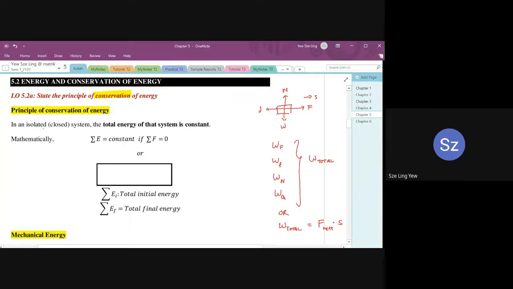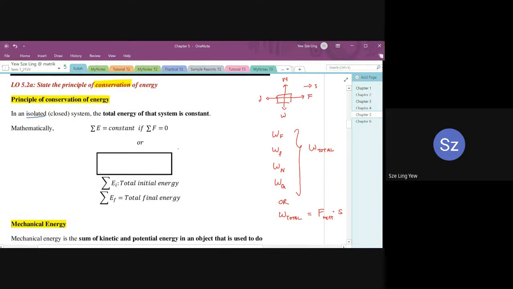When it comes to conservation, you need to carry out the experiment in an isolated system. What does isolated system mean? It means it is not being affected by any external factor. You carry out this experiment in an ideal situation, so no air resistance, nothing. The condition is perfect.